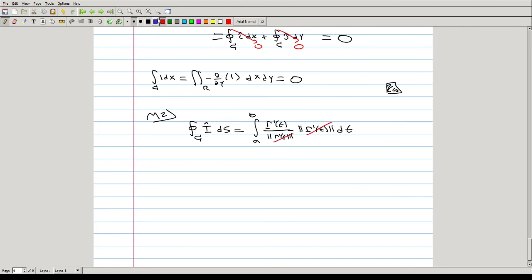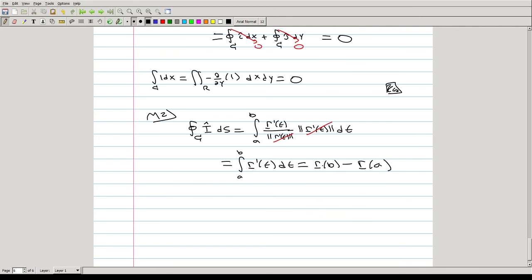These two magnitudes cancel one another out, leaving for us the integral from a to b of r prime of t dt, which by the fundamental theorem of calculus, in each component of this vector will be exactly r of b minus r of a.